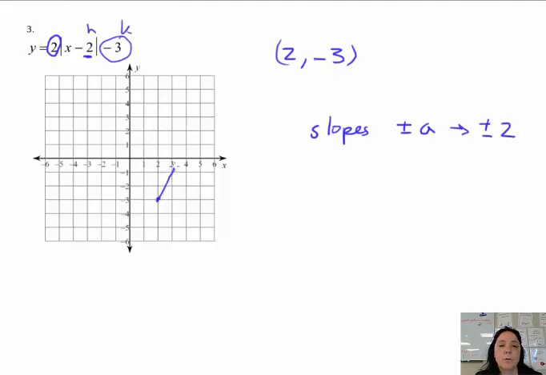So up 2 over 1 to form this side, and down 2 over 1 to form this side, with our vertex still at h, k because we're not considering any horizontal stretch or compression.